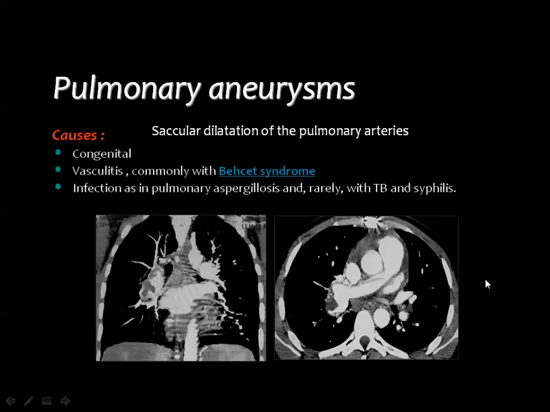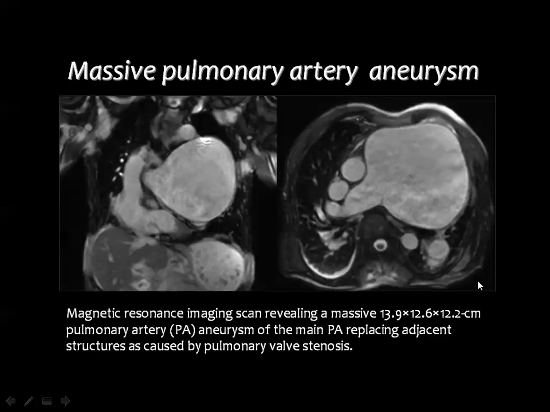Then the causes of pulmonary aneurysms include either congenital or a manifestation of vasculitis, especially in Behçet syndrome, or infections as in pulmonary aspergillosis, TB, and syphilis, and this is known as mycotic aneurysms. But of course, the most common cause of pulmonary artery aneurysm is Behçet syndrome.